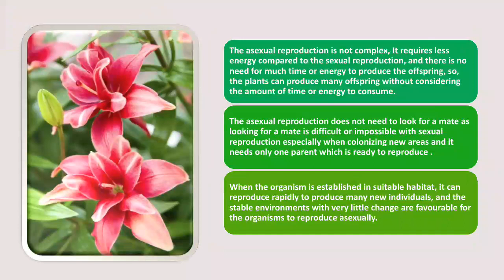When the organism is established in a suitable habitat, it can reproduce rapidly to produce many new individuals, and stable environments with very little change are favorable for the organism to reproduce asexually.